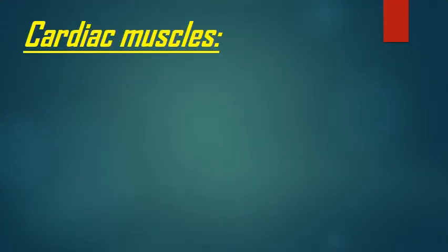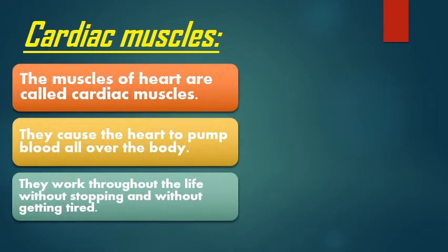Now the last type of muscles, and that is the cardiac muscles. Whenever you hear this word cardiac, that always indicates the heart. The muscles of the heart are called cardiac muscles. They cause the heart to pump the blood all over the body.